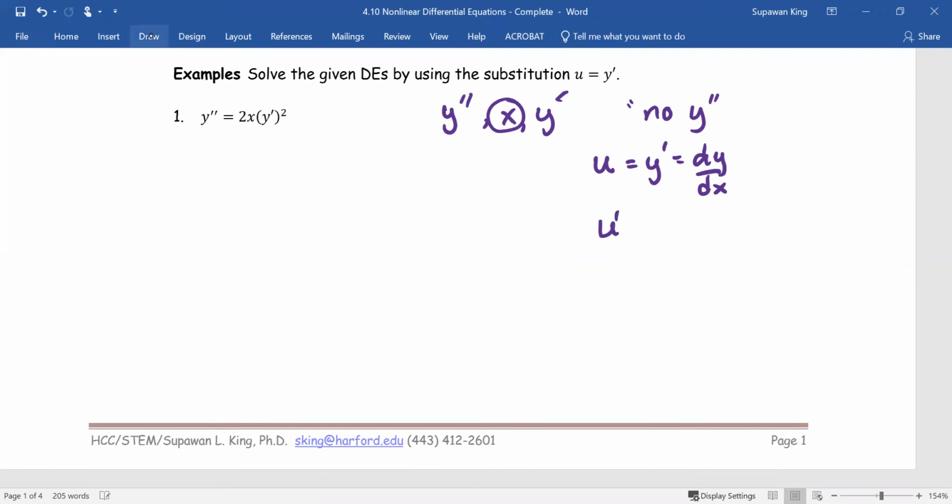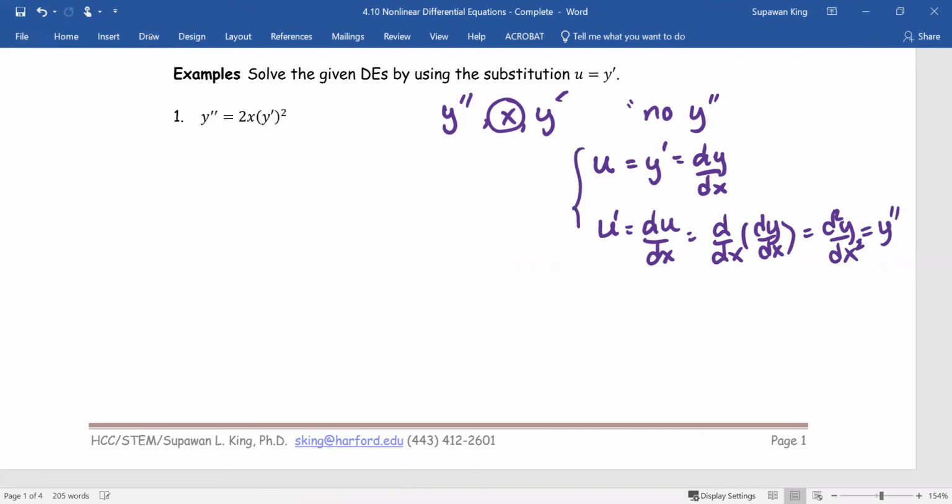So u prime is the same as du by dx, which is the same as d by dx of dy by dx, or the second derivative of y with respect to x, the same as y double prime. It is the direct substitution: u equals y prime, u prime equals y double prime.